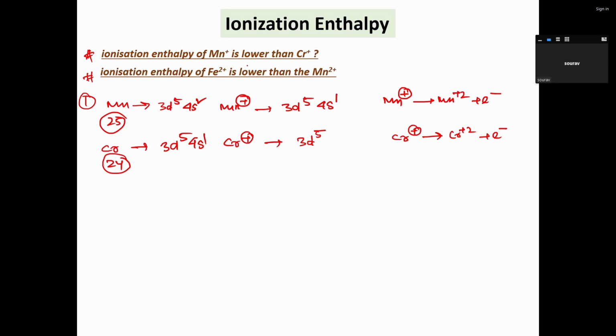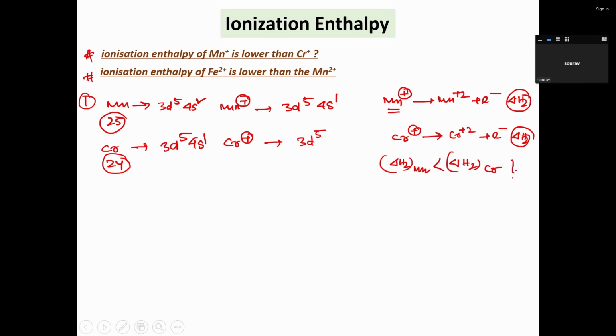So whatever ionization enthalpy we are talking about here, this is the second ionization enthalpy for manganese and for chromium. The question is that the ionization enthalpy of Mn+ is lower than that of Cr+, so ΔH2 of Mn is lower than ΔH2 of Cr.